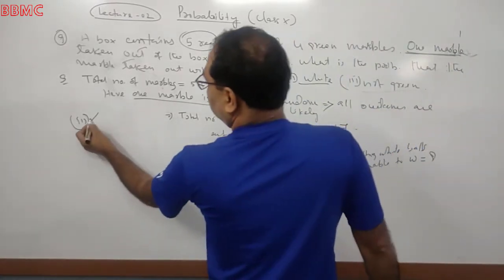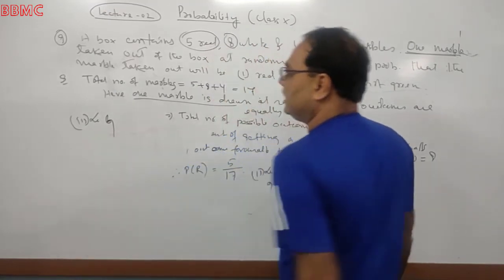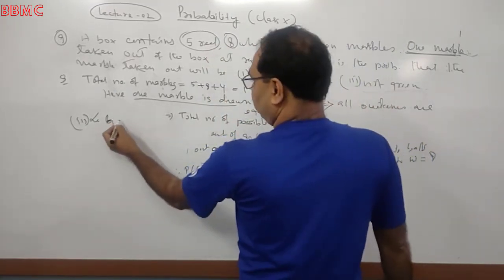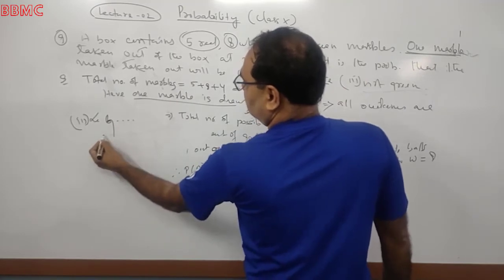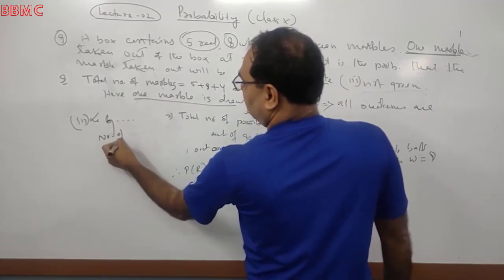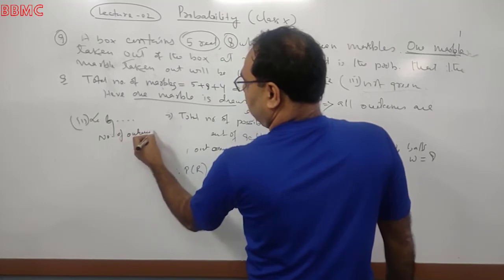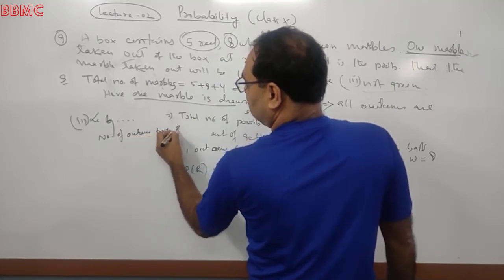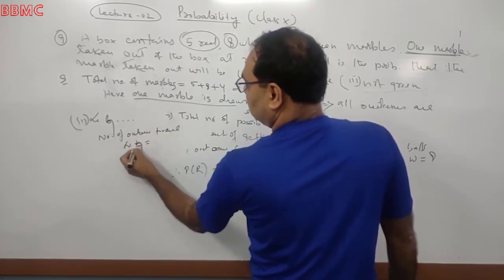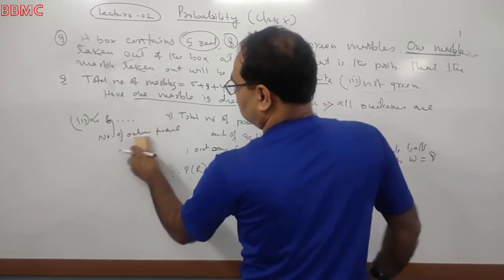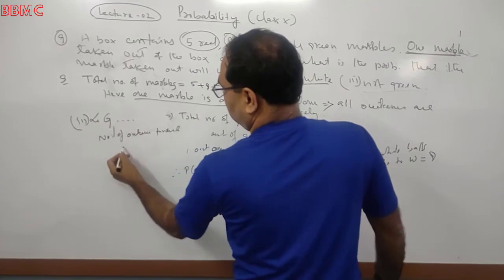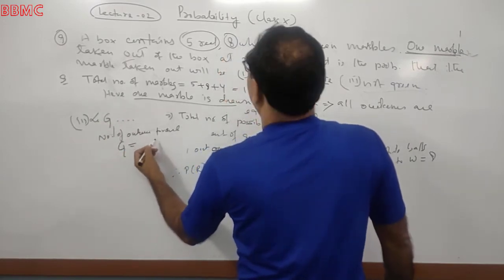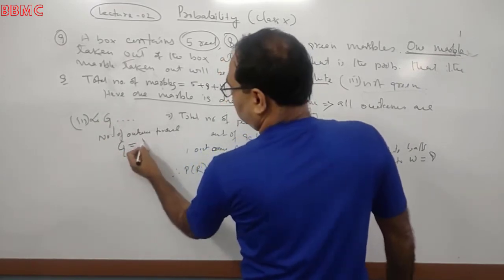Let Z be the event of getting a green ball. Therefore, the number of outcomes favorable to Z is equal to 4.